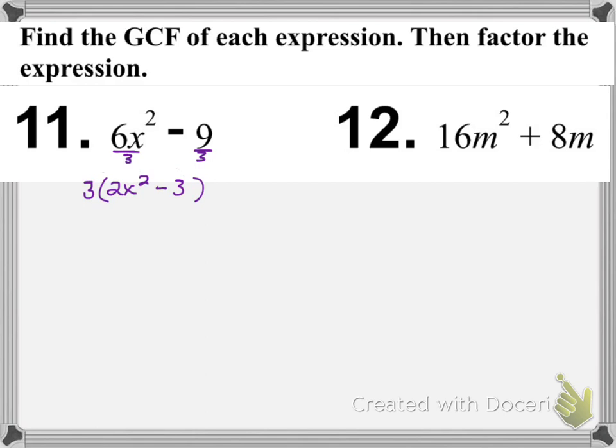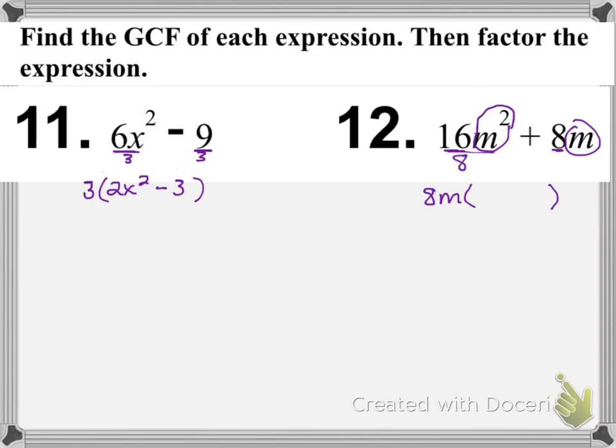On this one, it has both numbers and variables in the GCF. So if we look first at the numbers, we have 16 and 8, and the GCF between 16 and 8 is 8. Whenever you have variables, the GCF is whatever the lowest exponent is. If I've got m squared here and I have m here, well, the smallest exponent is just m. And so my GCF between these two terms will be 8m.